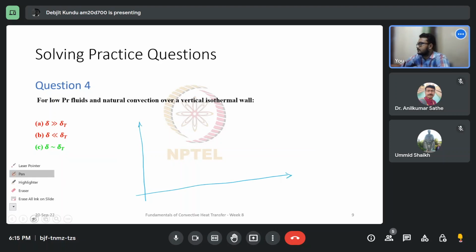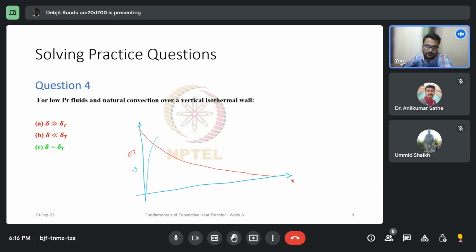Once again, I'll start with the temperature difference profile. Let's say the temperature difference profile goes something like this with x. If we try to draw the velocity profile now, in the vicinity of the wall there is a high gradient of fluid velocity, and then it dies down, but it does not go to zero.